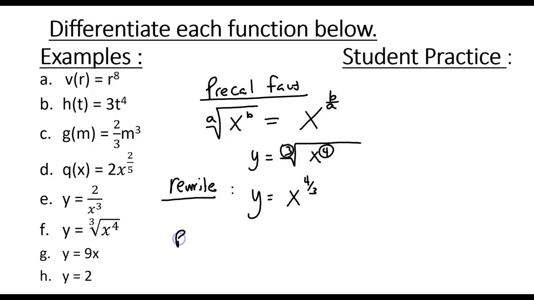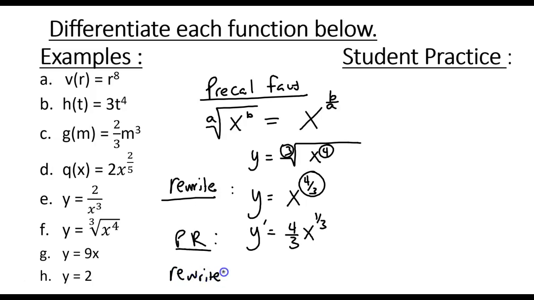This is going to be my denominator of the power there. The next thing we do is the power rule. So I'll put PR. And according to the power rule, we put 4/3 in the front, and we subtract 1 from the power. Now, we can technically rewrite this.